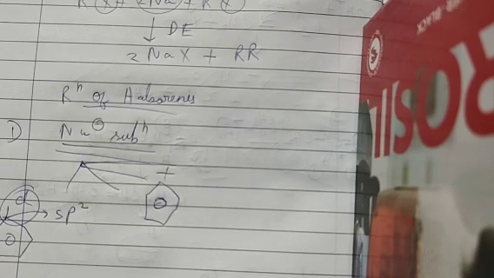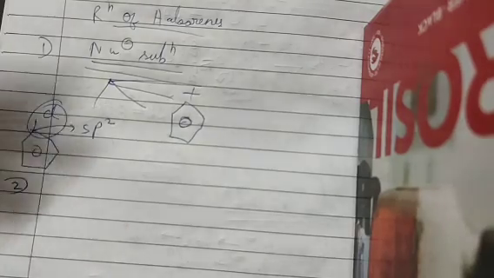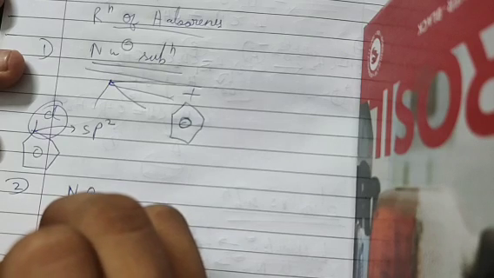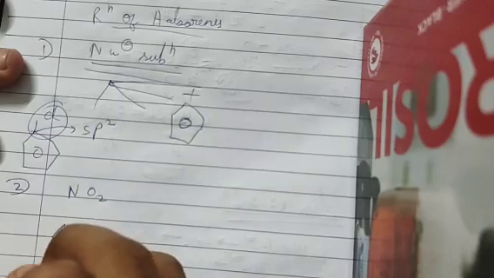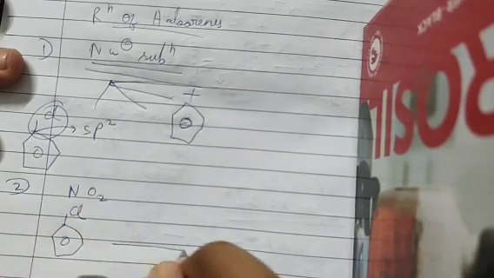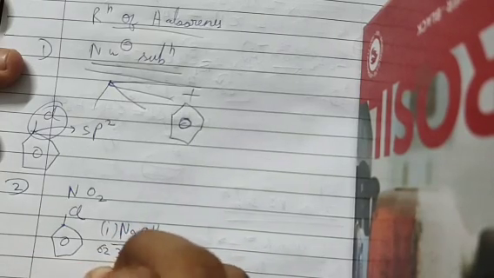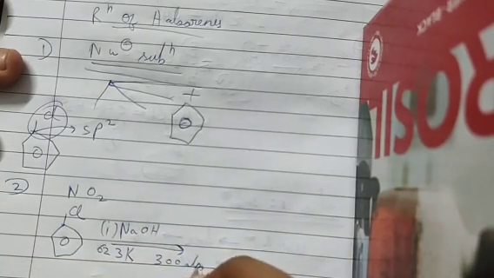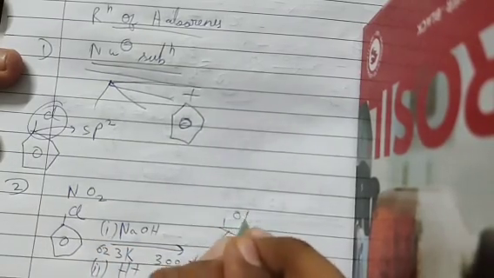Next is replacement by hydroxyl group. Now NO2, we are going to study an interesting character about the nitro group. NO2 group is an electron withdrawing group, a minus M effect group. So what happens here is when I am taking chlorobenzene, and I am having NaOH at 623 Kelvin and 300 atm, and then H plus, this would give me phenol.